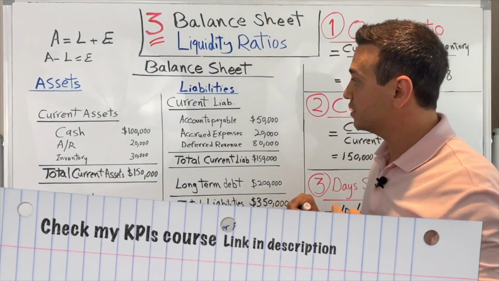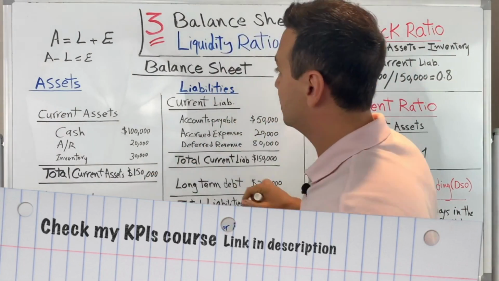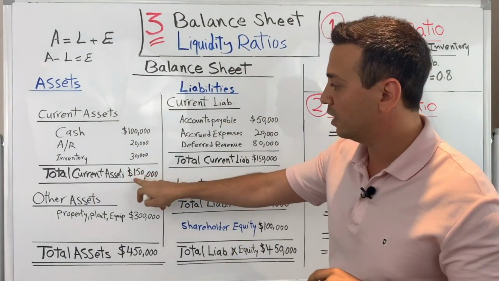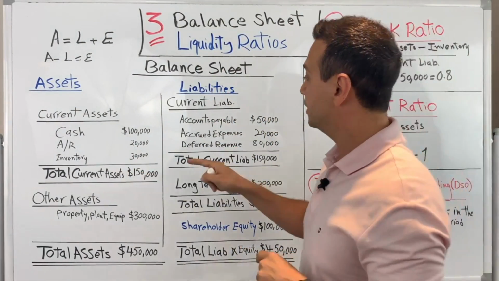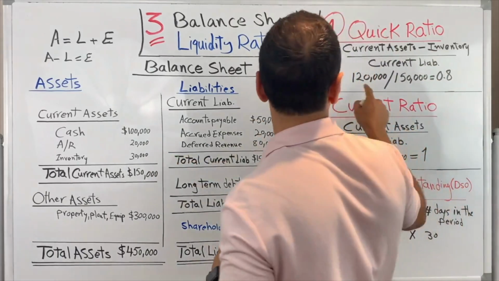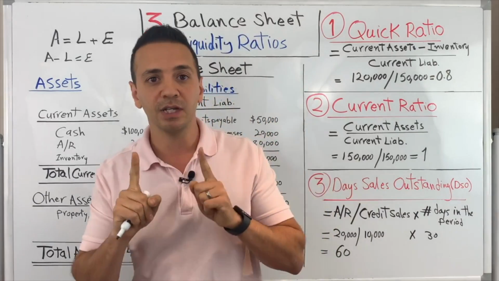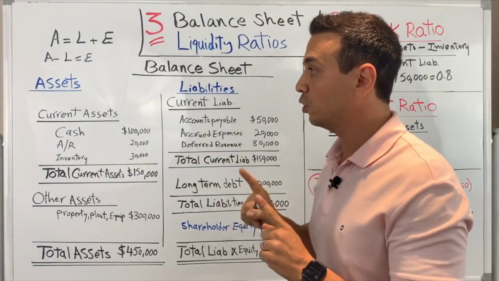So we're saying this is current assets minus inventory divided by current liabilities. Current assets is 150,000 minus inventory of 30,000, which would be $120,000 here. The reason why we're subtracting out inventory is because this is called quick.